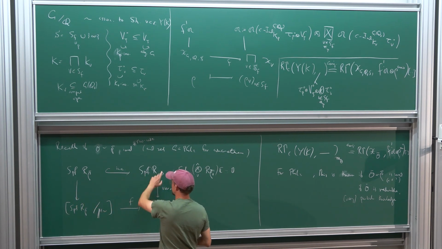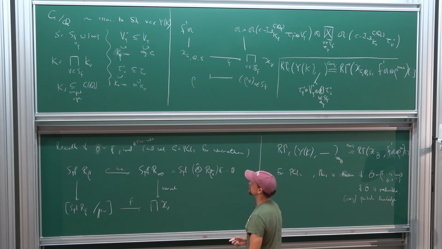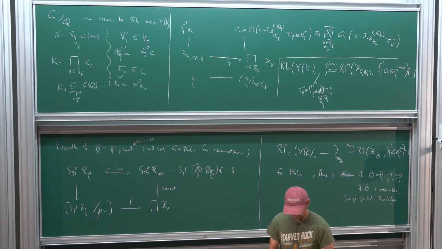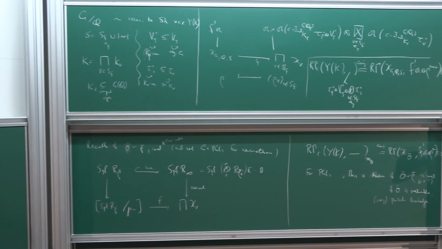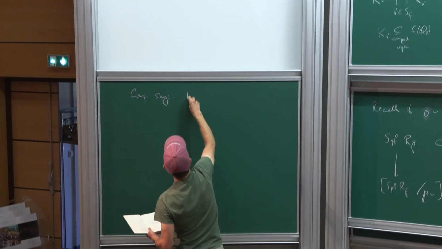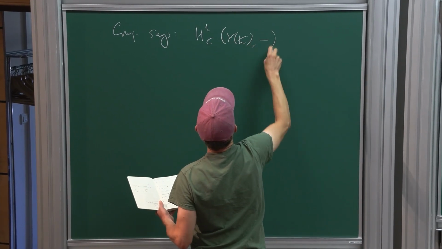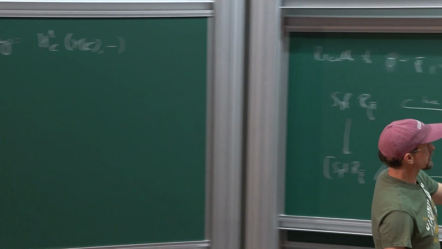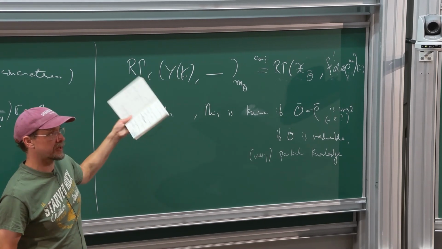The map F is essentially the composite of these two guys, and the conjecture says in this case that, whenever I put this dash in the H1 or the cohomology, I just mean with the appropriate coefficients that I've been writing.